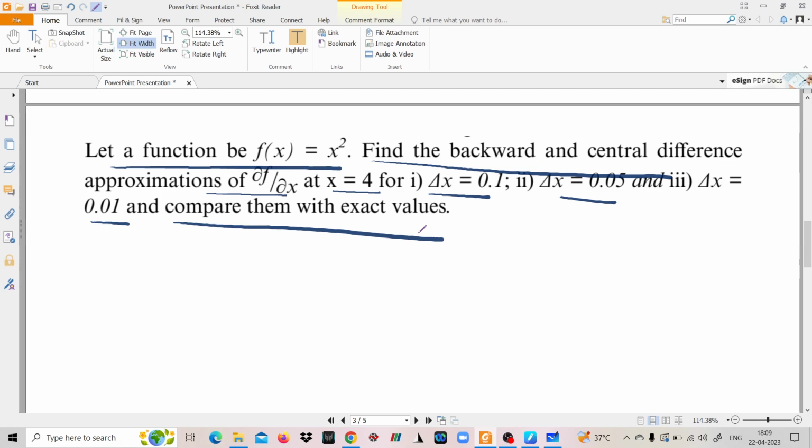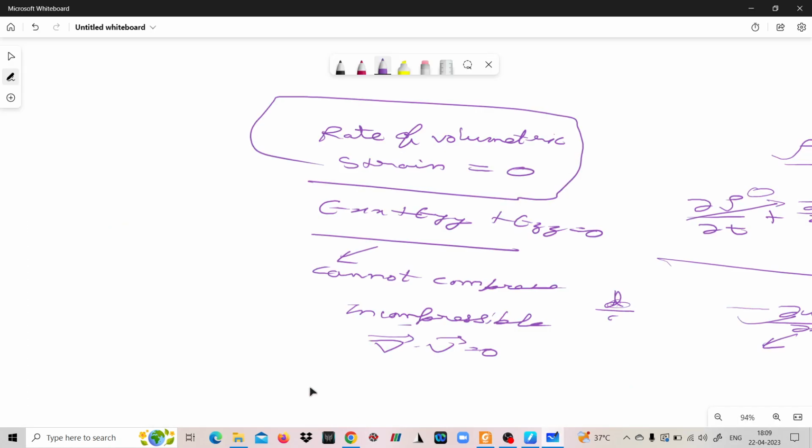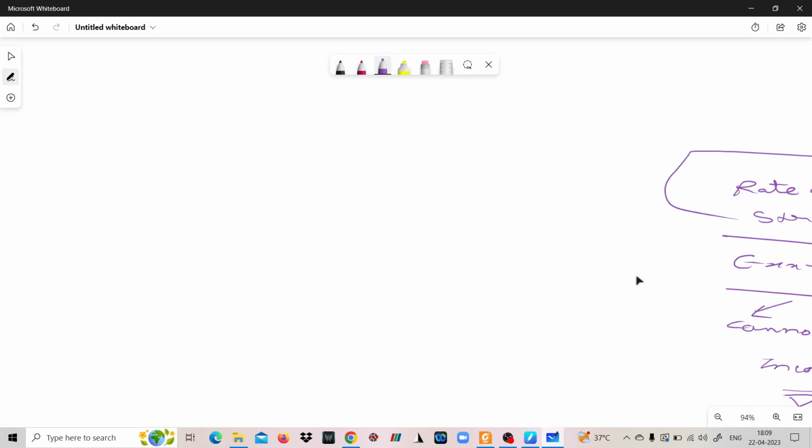Okay, so let's see what can be done. First of all, the function that is given to you is f(x) equal to x squared.